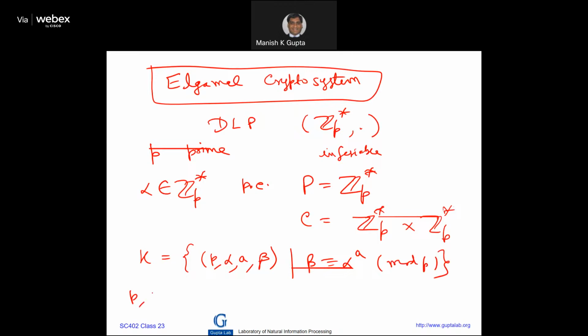So p, alpha, and beta are the public key, and a is the private key. This is our Elgamal crypto system.